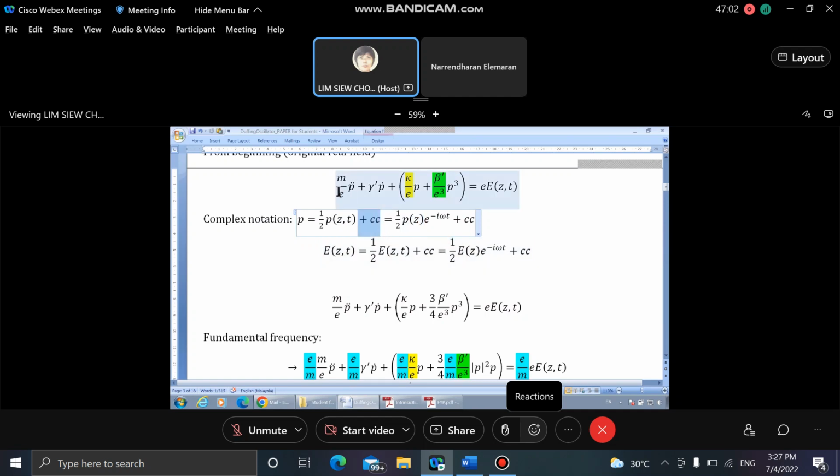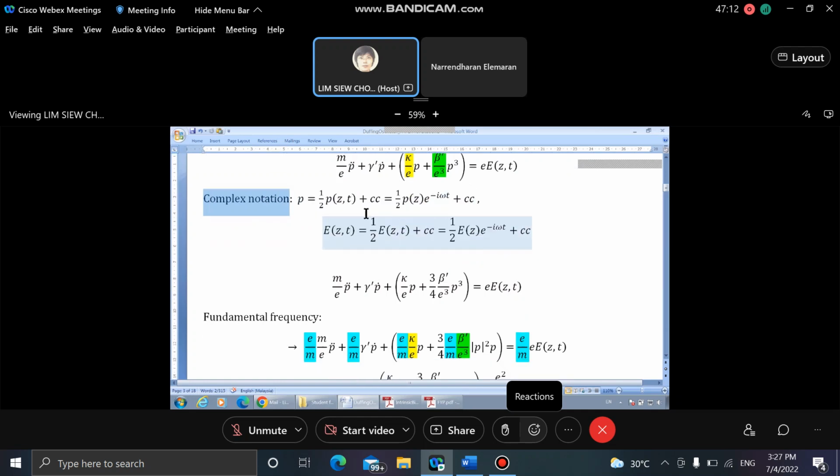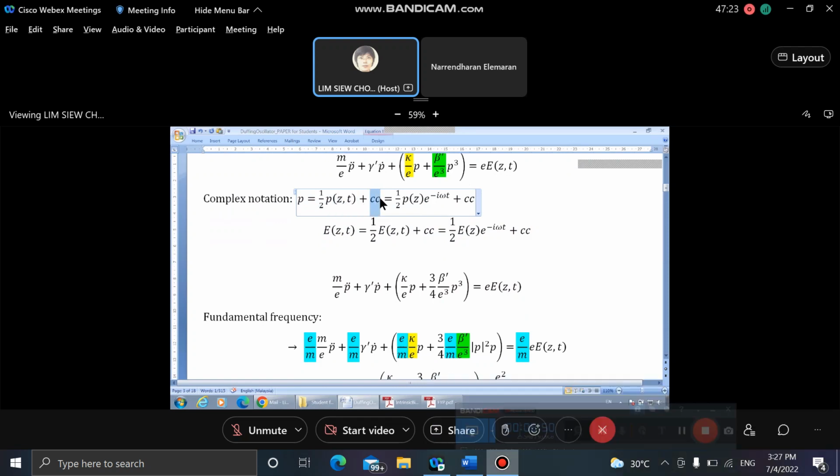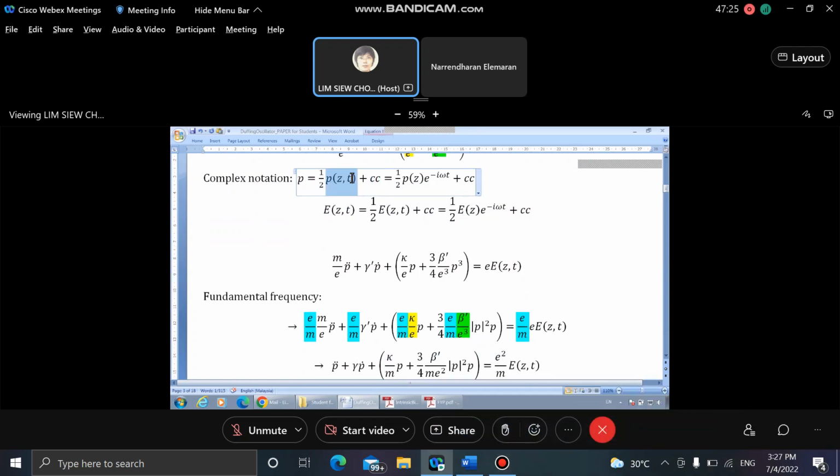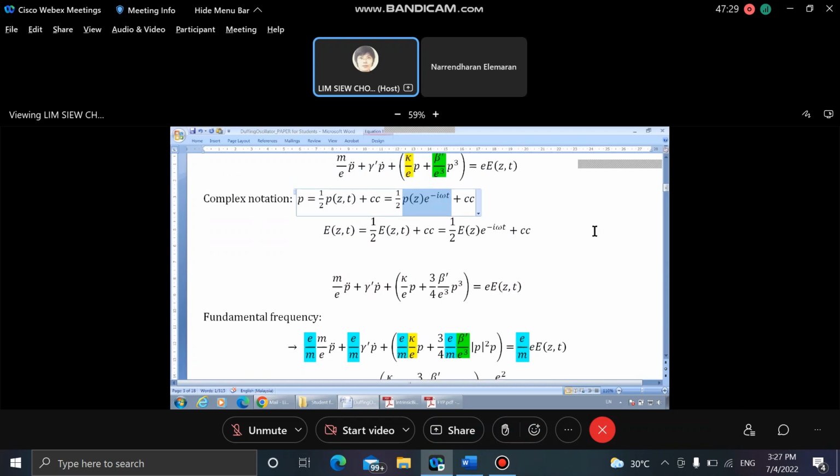In any derivation, you must always use the complex notation, and later on we ignore the conjugate part. So the field is real, but in complex notation we write this complex field plus the conjugate. This one breaks into two parts, Z dependence and T dependence.